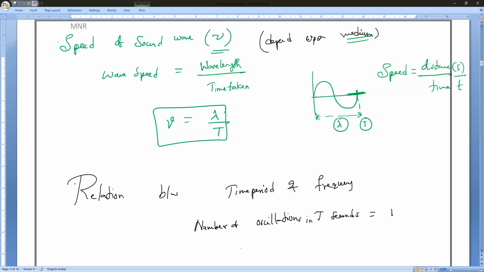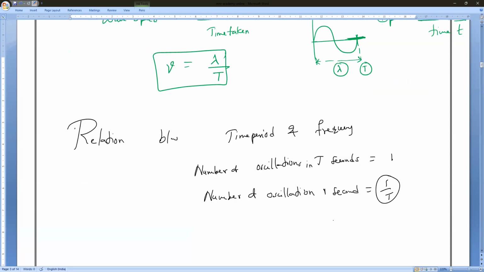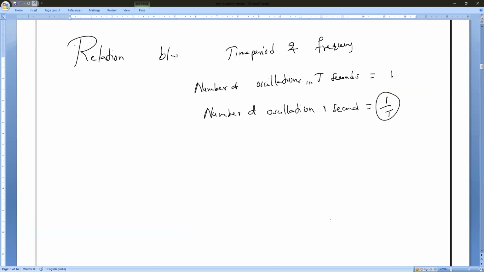Then the number of oscillations in 1 second, how many? In T seconds it is 1, so in 1 second, 1 into T. Then T will come to this side. In 1 second, it will become 1 by T.